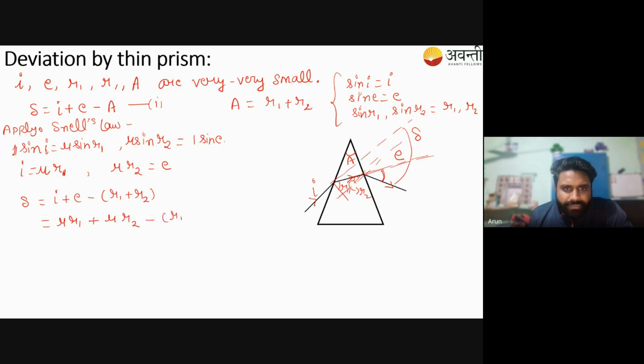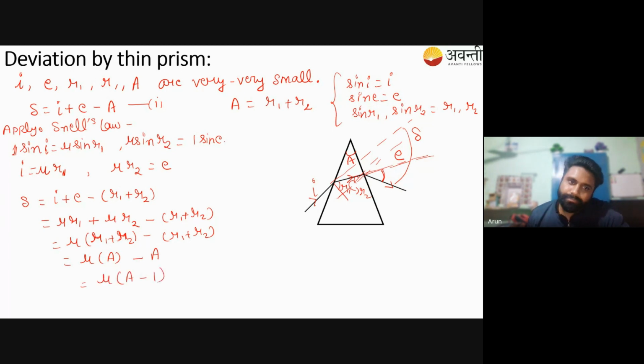minus (r1 plus r2). If you take mu common, it is mu (r1 plus r2) minus (r1 plus r2). r1 plus r2 is nothing but A. It is also A. So it is mu into A minus 1.